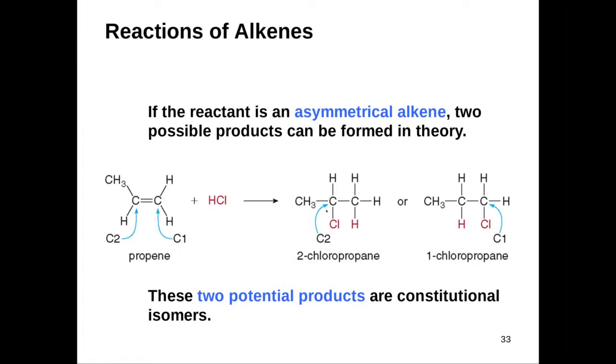That chlorine can attach to this carbon, or it can attach to this carbon. So C1 or C2. But they produce 2 distinct compounds, 2-chloropropane or 1-chloropropane. Different, right? They're going to be constitutional isomers. They're going to differ in the arrangement and attachment of atoms. So you have 2 potential avenues here, 2-chloro or 1-chloropropane. But again, either way, we're getting rid of the double bond.